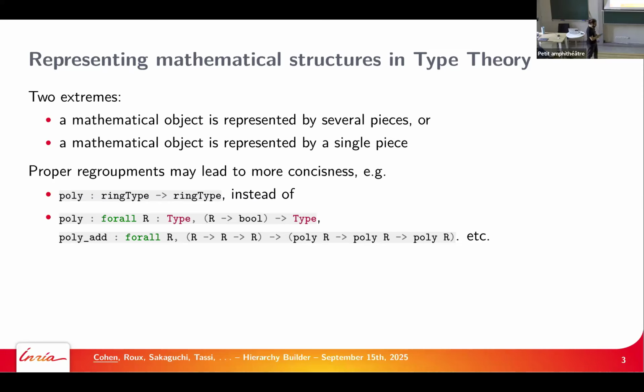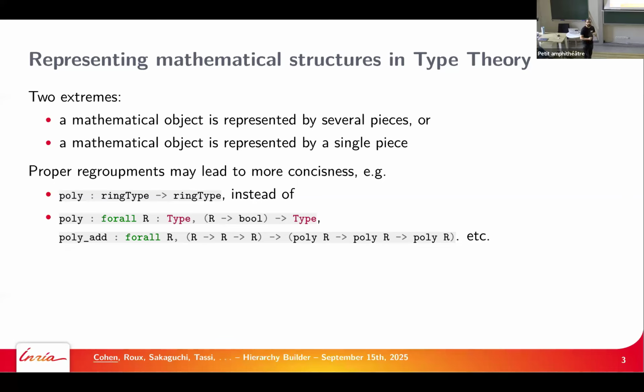For univariate polynomials, there are several ways you could make them up, but one way is to have a test for being zero. This is what this function is. And then in order to add them, you just need an operation. You don't even know that's addition at this stage.